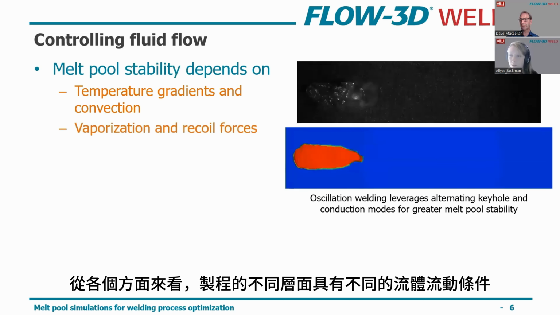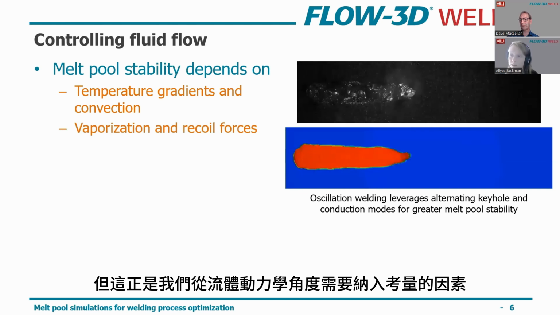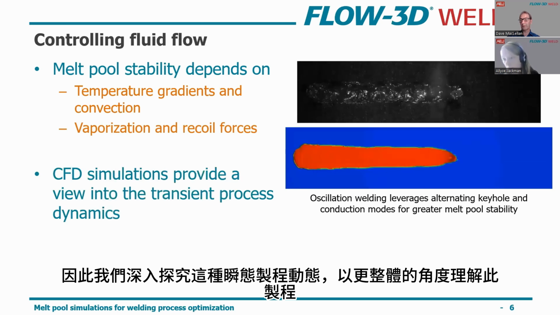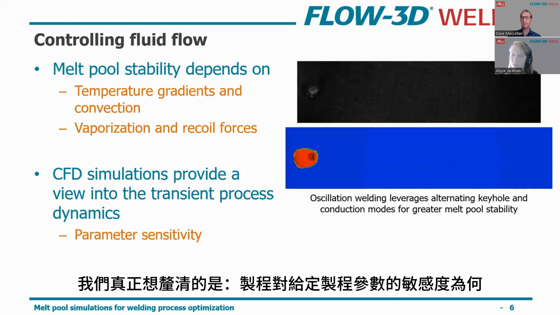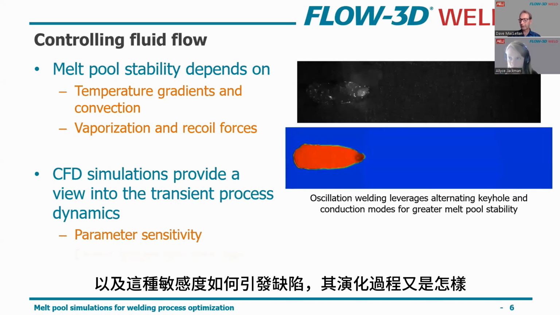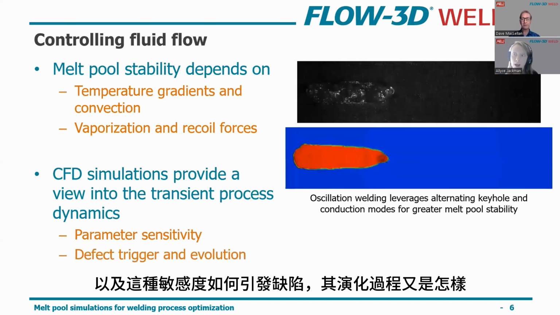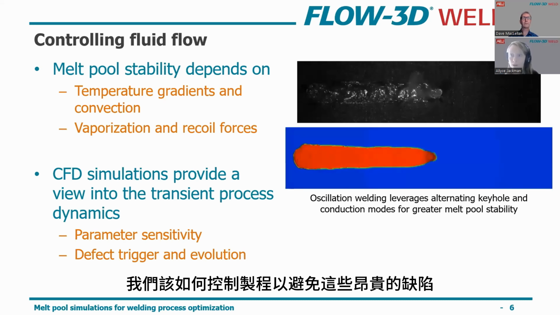So there's different aspects of the process that have different fluid flow conditions, but it's something that we account for from the fluid dynamics perspective. So we're looking deeply into this transient process dynamics to understand this process in a much more holistic way. And we really want to pull this back to what is the sensitivity of the process to the given process parameters, and how is that triggering defects, and what does that evolution look like? How can we then control the process to avoid those costly defects?